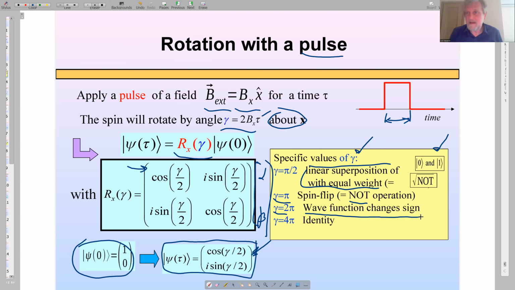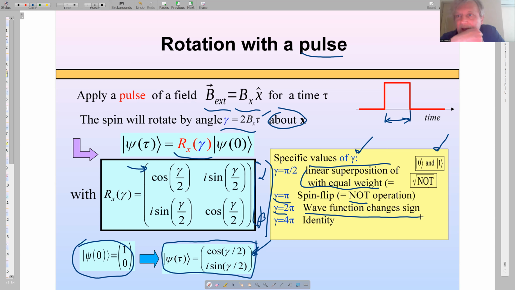This sign does not affect the components of spin, but it is there. You can interfere it with the wave function of yet another system. You could detect this change of sign. And only if you rotate it by 4 pi, you get precisely the same wave function. The sign change is compensated.